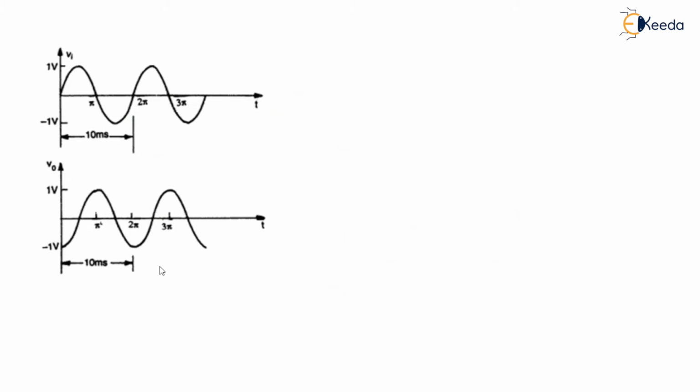For this differentiator, if I give a sine wave, it will give an inverse cosine wave as output. So the input voltage is V sine omega t, and the output will be inverse cosine.